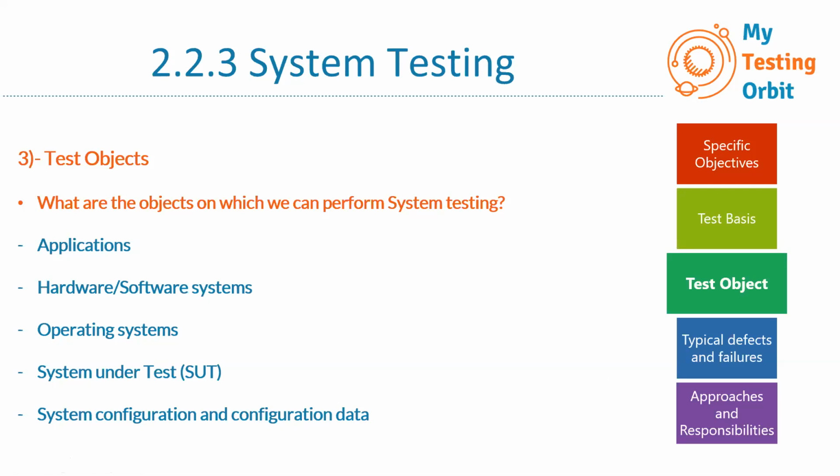So if something was working on the test environment and then fails on the production environment, it might be that the configuration was not correct, or maybe the configuration was not even tested, and we didn't test it with different configuration data in the test environment. So this is also very important based on the different kinds of projects we are testing.